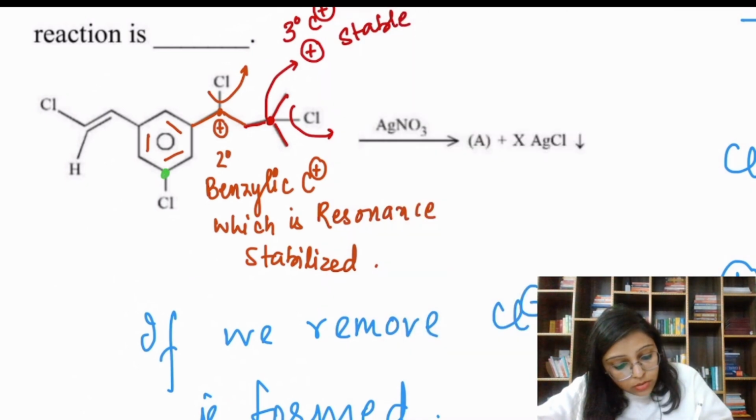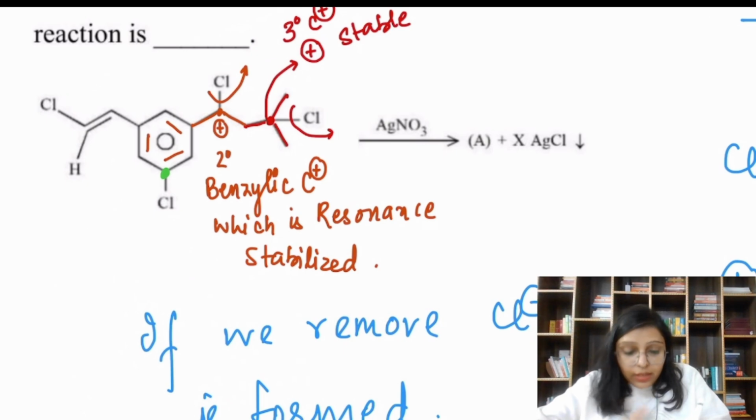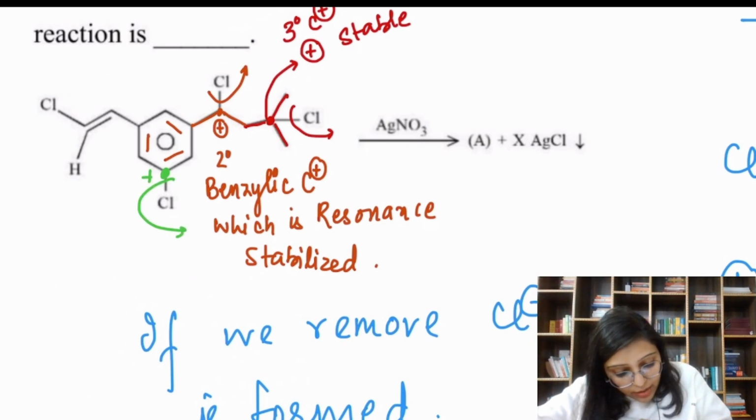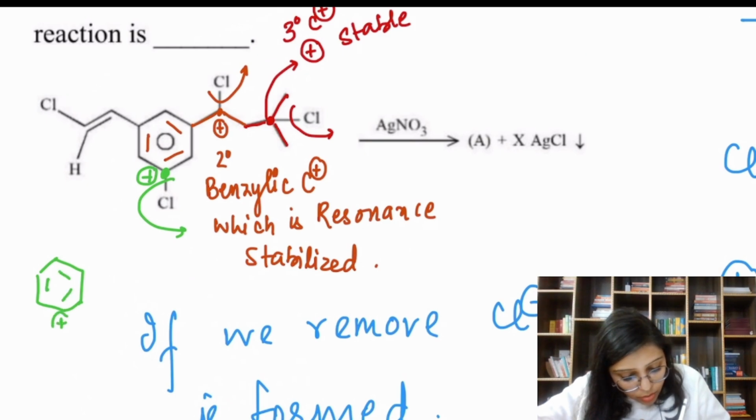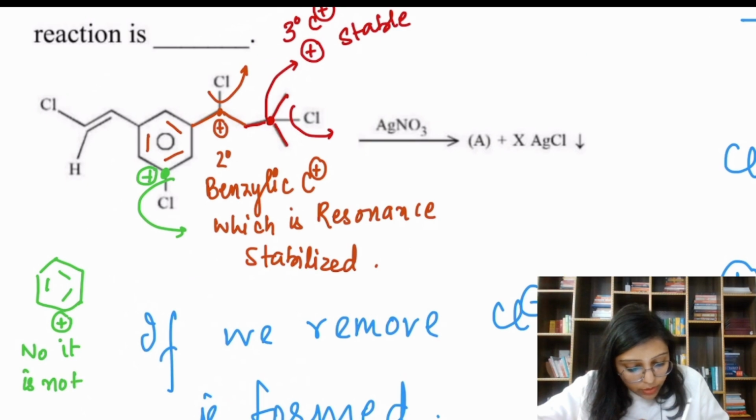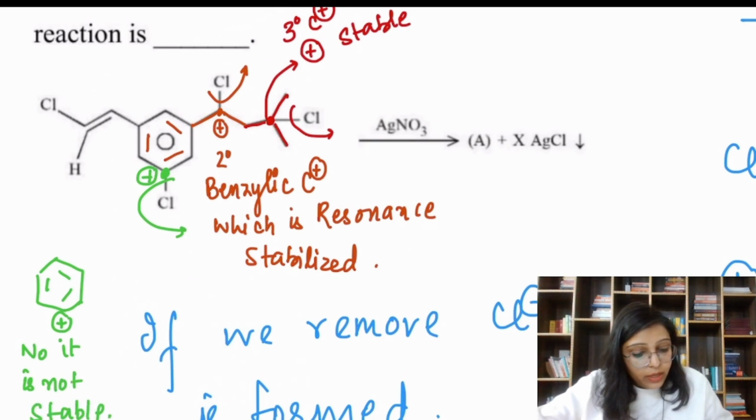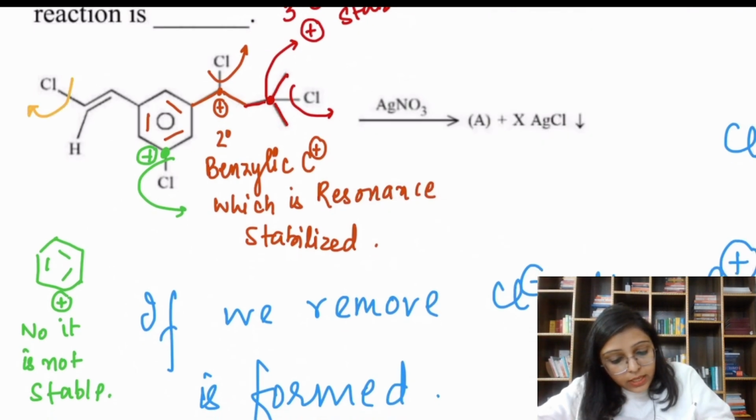What about this? If Cl leaves, we have a positive charge on the benzene ring. Is it stable? No, it is not stable. So a carbocation cannot be formed over here. If we remove Cl over here, we have a positive charge on the double bond.